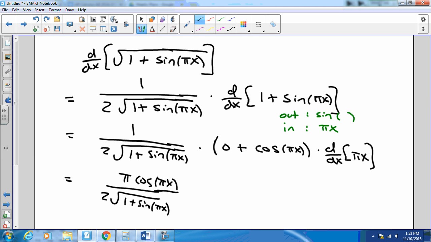Why? The derivative rule for the square root of x is 1 over 2 root x. The derivative rule for square root of x is 1 over 2 root x.